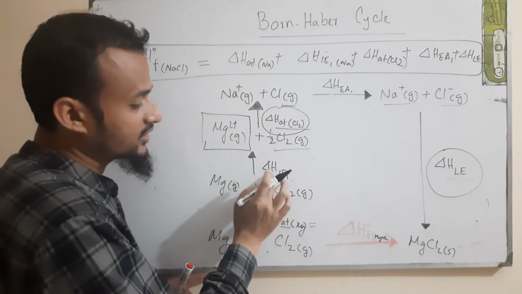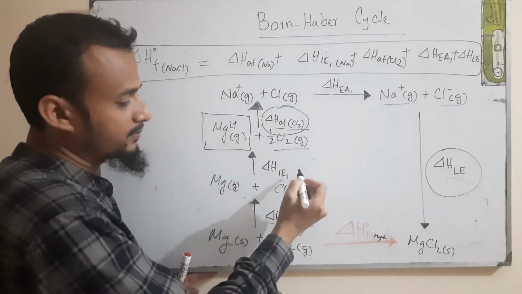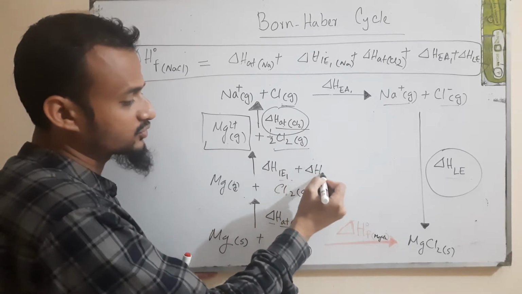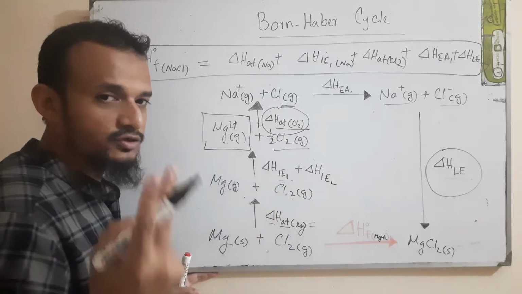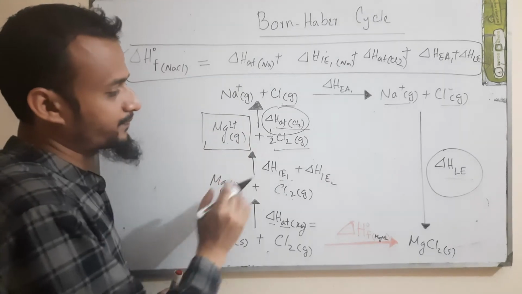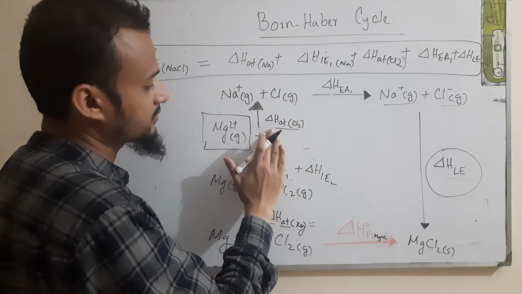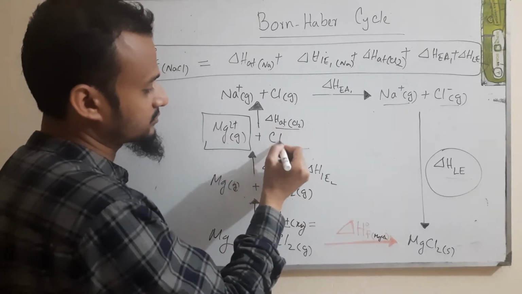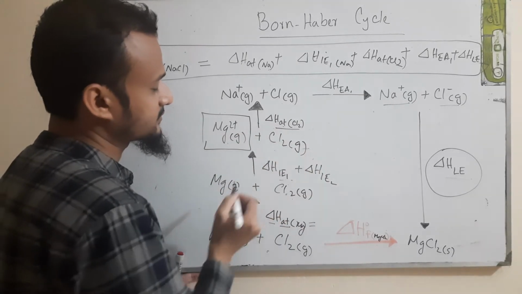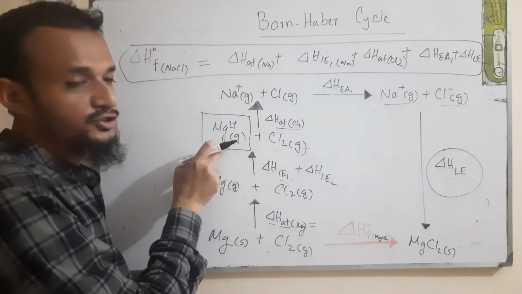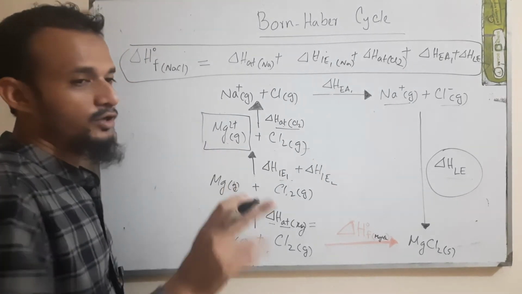So it will be delta H of ionization 1 plus delta H of ionization 2. 2 electrons have to be taken out. Here it will be like before, Cl2 gas. Now you got the magnesium 2 plus, so don't worry about it.